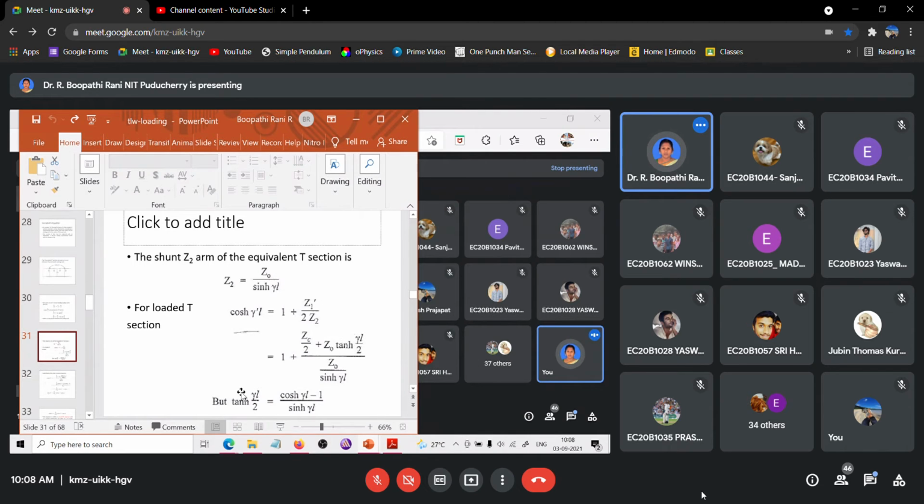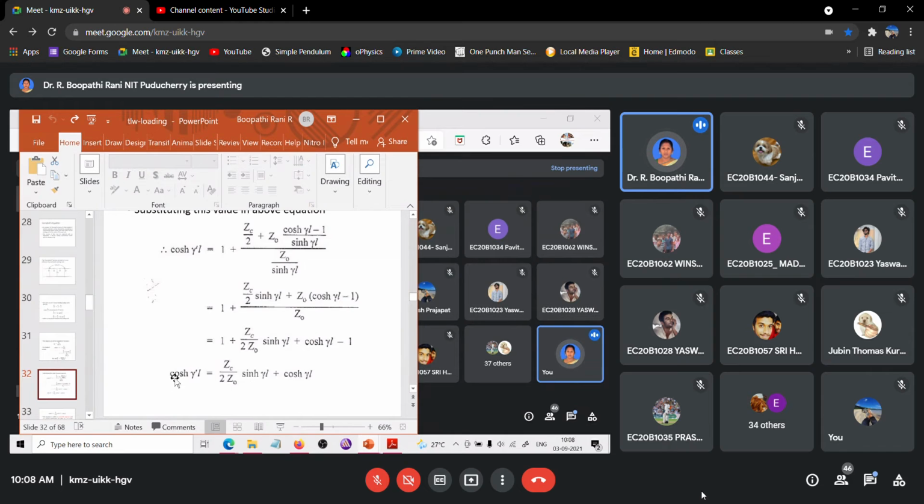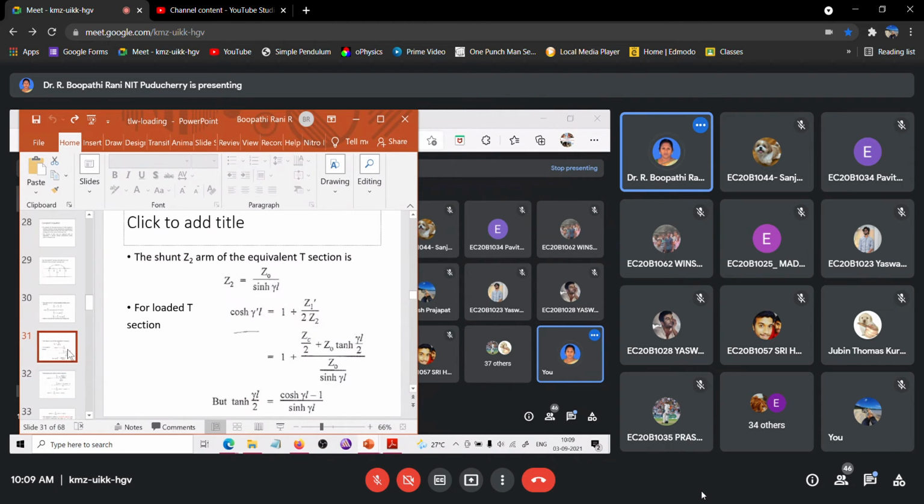Substituting here, after simplification we get this relation: cosh ν dash L equals ZC by 2 Z0 sinh νL plus cosh νL.